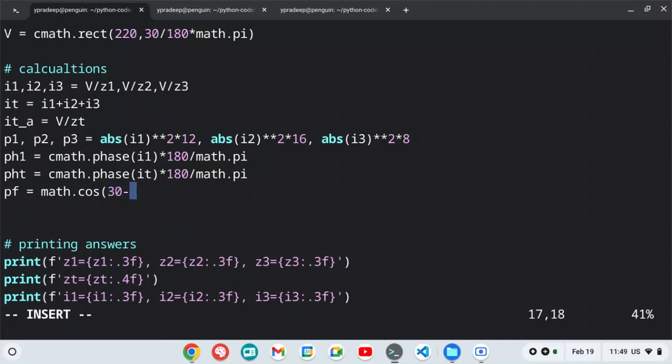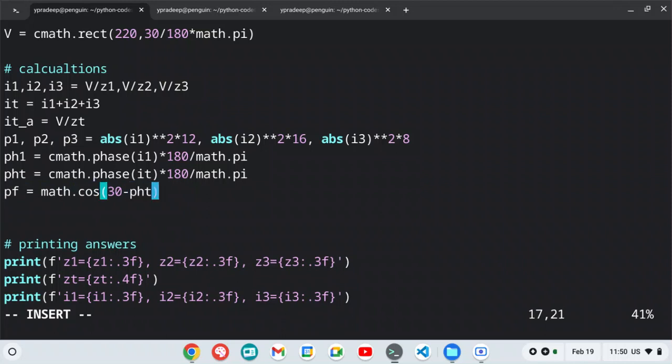Cos of 30 minus, should you use voltage minus current or current minus voltage? Voltage minus current, sir. In cos it doesn't matter because cos is symmetric, but typically we use voltage minus current. So 30 is the phase of the voltage given in the question. Now we just calculated PHT, the phase of the total current.